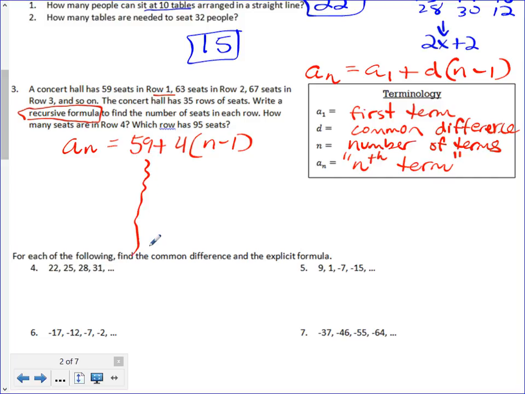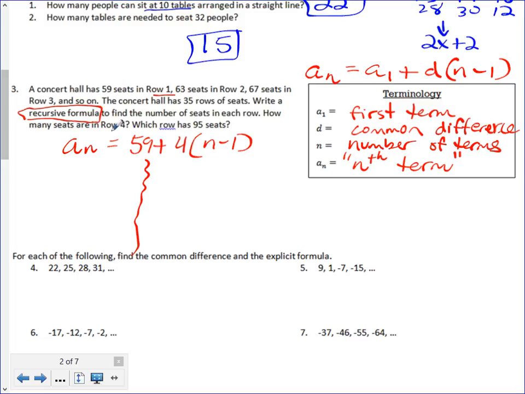Alright, step 1, write the formula. That's it. Now what you can do is, you can plug into this in 2 different places, okay? If you put the row in, if you put 9 in for n, that'll tell you how many seats are in the nth row. If you plug in on the other side, you put in 128, that'll tell you what row you're in.